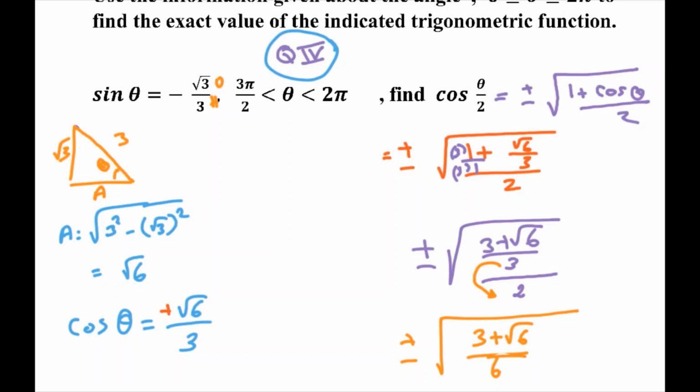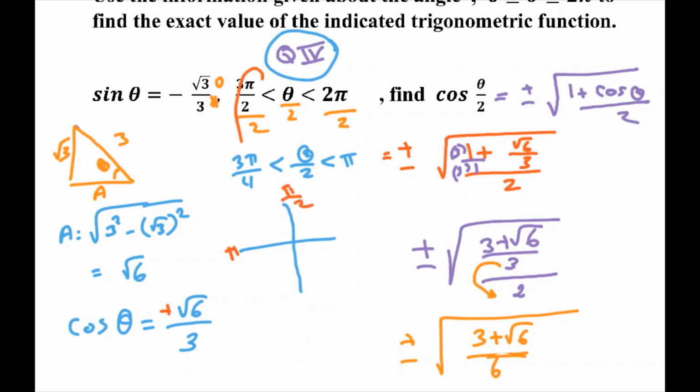By looking at this, this is theta. We are looking for theta over 2. So what we are going to do is divide each one of these by 2. When you divide by 2, that would be theta over 2 between 3 pi over 4 and pi. What does that mean? Pi is here, this is pi over 2.